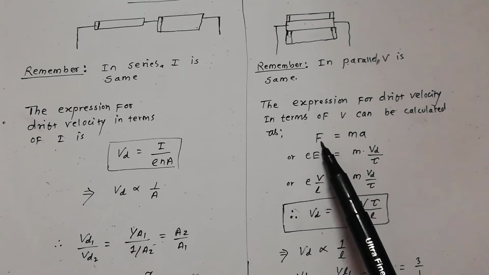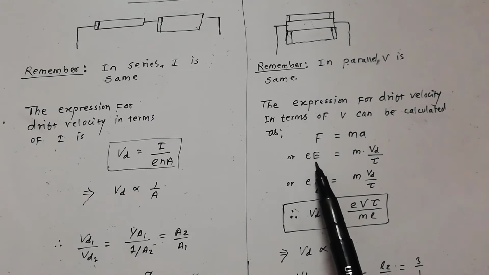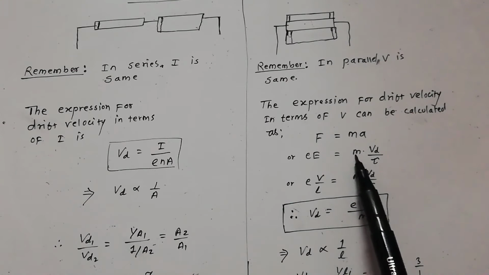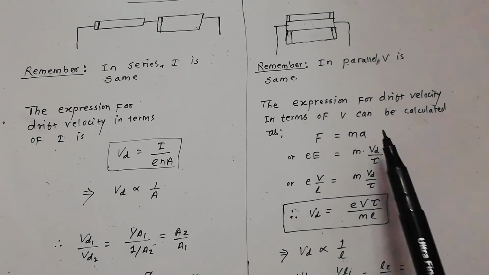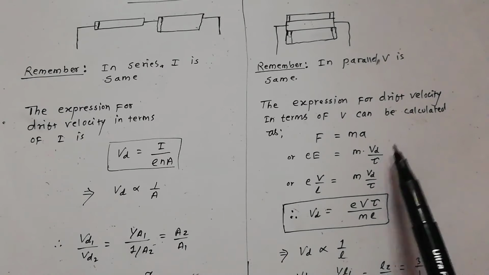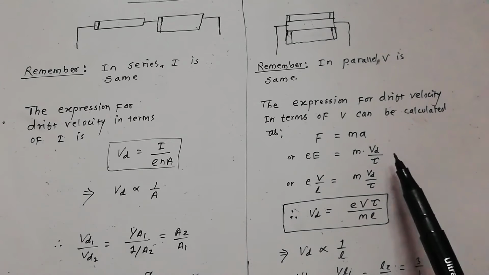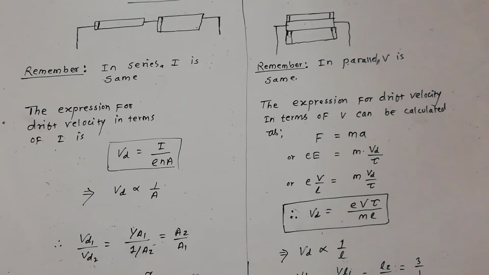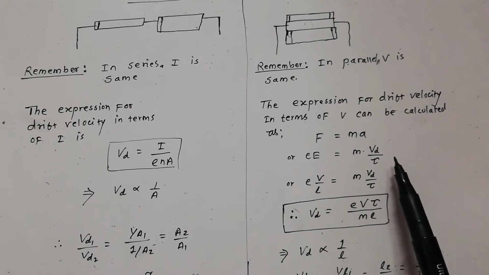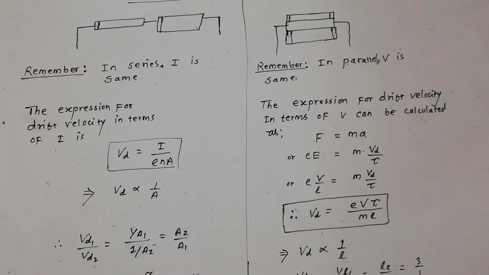So F is the electric force. So this force can be written as eE. This is the electronic charge, this is the electric field. m is the mass of the electron, a means acceleration, acceleration means the time rate of change in velocity. Here the velocity means drift velocity and the time means relaxation time. About the relaxation time, you can see my previous video, or you can follow me on the Facebook page 10+2 Hyperphysics discussion forum, where I have completely discussed it.